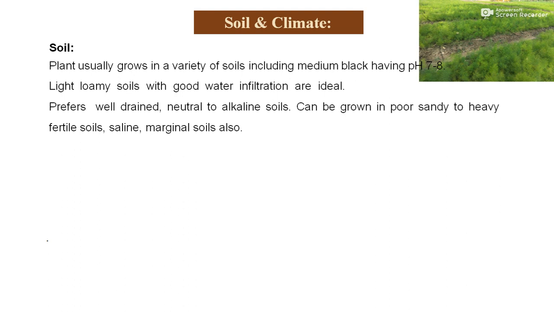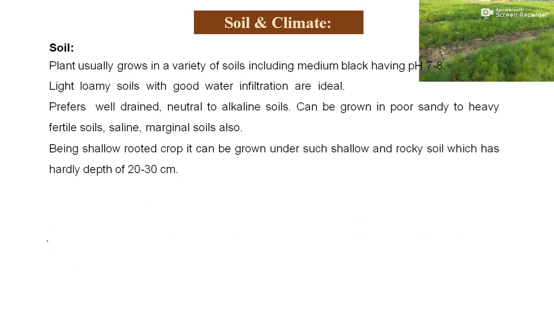It prefers well drained, neutral to alkaline soil and can be grown in poor sandy to heavy fertile soil, saline soil or marginal soil also. Being a shallow rooted crop, it cannot be grown in shallow or rocky soil which has a depth of hardly 20 to 30 centimeter.